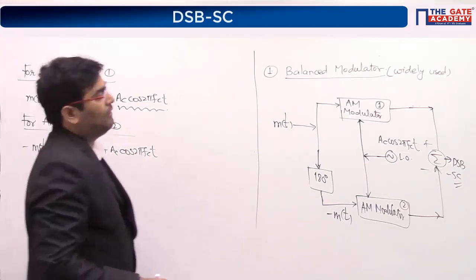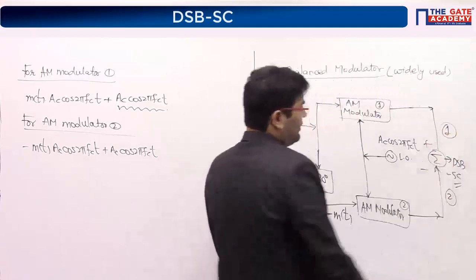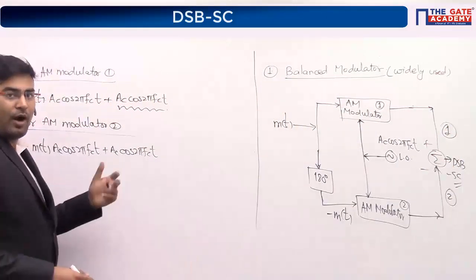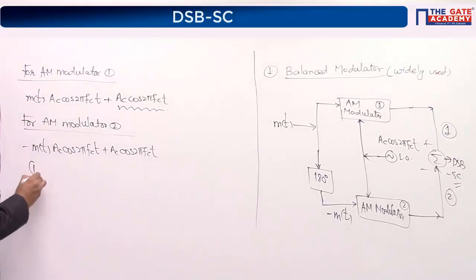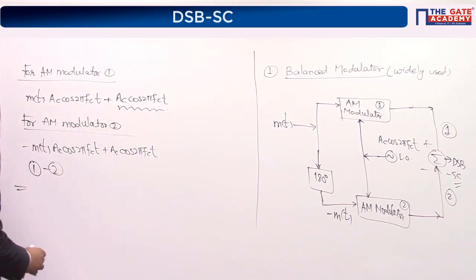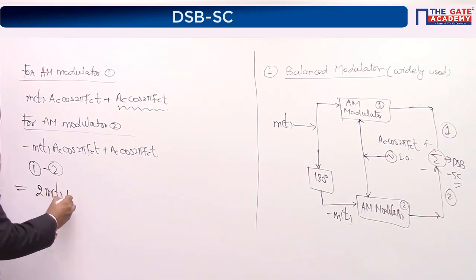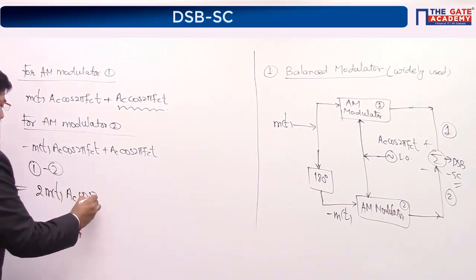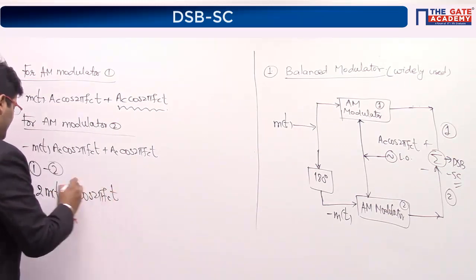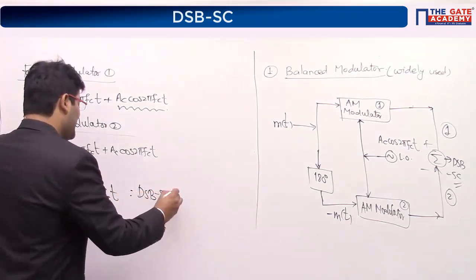Now what you're getting? This is 1. This is 2. You're actually subtracting 2 from 1. So you'll get 1 minus 2. And because the AC cos 2 pi FCT terms cancel each other, you will get 2 times MT, AC cos 2 pi FCT. And this is nothing but the DSB-SC, suppressed carrier signal.